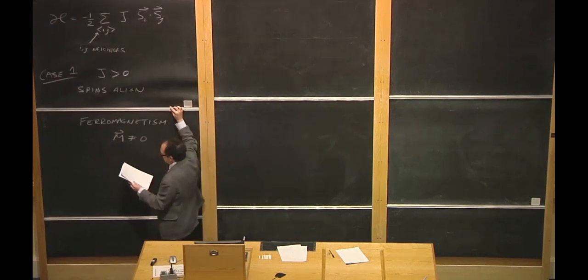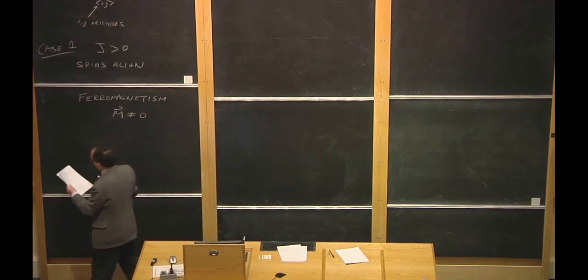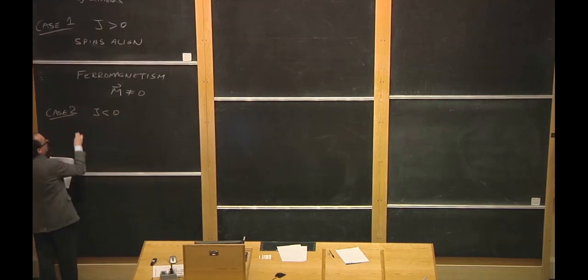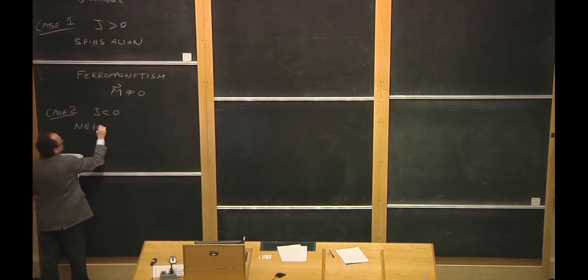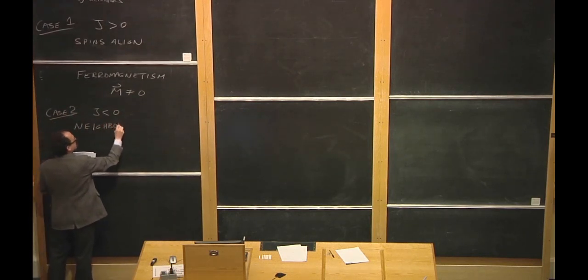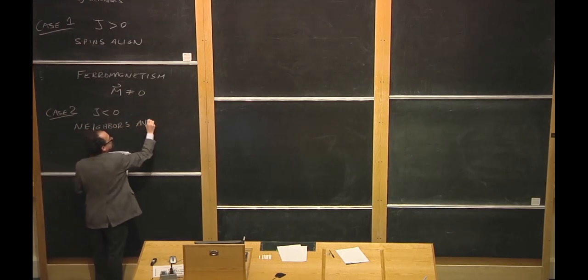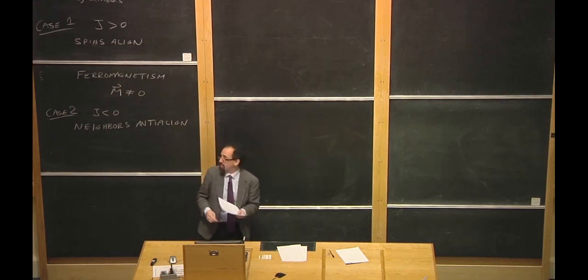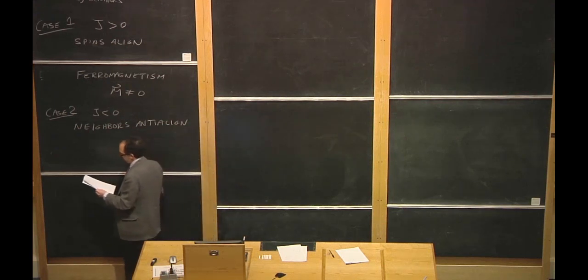The more complicated case to study is case two, J less than 0. Now with J less than 0, the neighbors want to anti-align in order to make the Hamiltonian as small as possible, or the energy as small as possible.